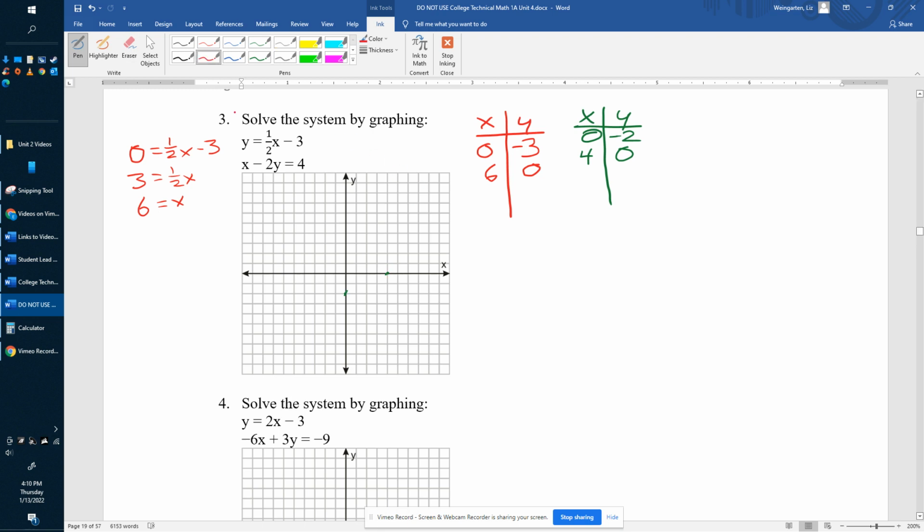Grab my red. Oh, I suppose I should actually attempt a line. This is the part that makes me nervous, because it always looks terrible.